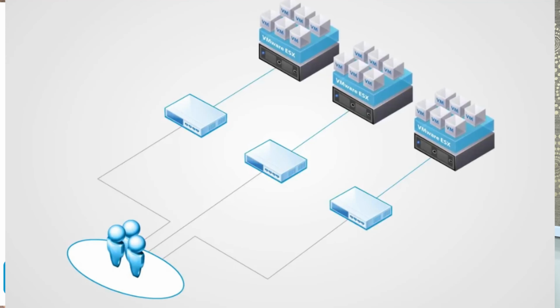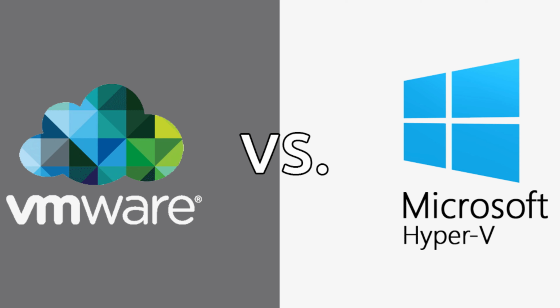The first one is LBFO, load balancing and failover, while the second one is SET, switch embedded teaming. In the same manner, on the platform of VMware, we have two types of virtual switches. The first one is standard switch, while the second and the tremendous one is distributed switch. First of all, we are going to explore the Microsoft virtual switching technologies, and after that we will definitely talk about VMware technologies regarding the virtual switches.